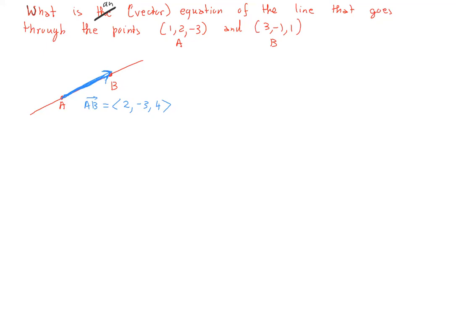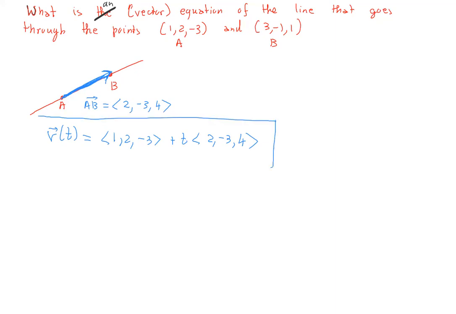Okay, and of course, we can find the equation now, and the equation is going to be R of t. I vectorize the first point. It becomes 1, negative 3, and then I put plus t times 2, negative 3, and 4. Okay, and that's the equation, the vector equation, or a vector equation for the line that goes through these 2 points.